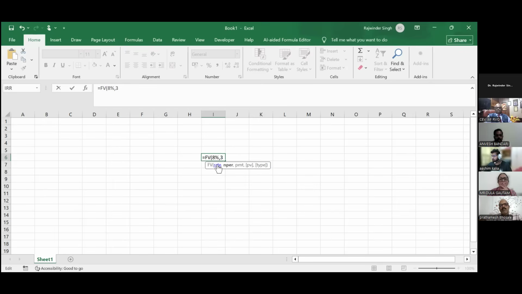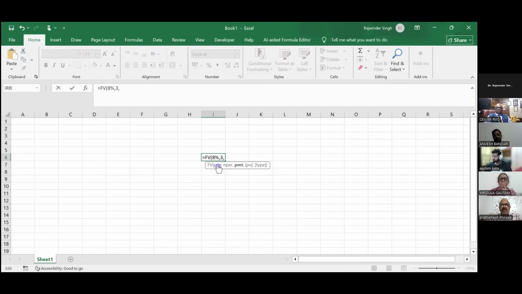So next is PMT. See here, in the future value, there are two types of investments. One is PMT and the other is PV. PMT means if you are depositing a sum every year, then you have to write PMT. In this question, PMT is not given. What is given to you is present value.